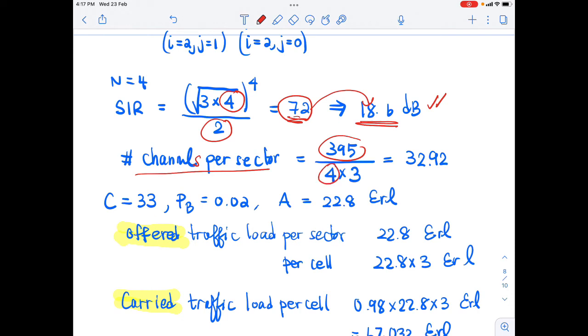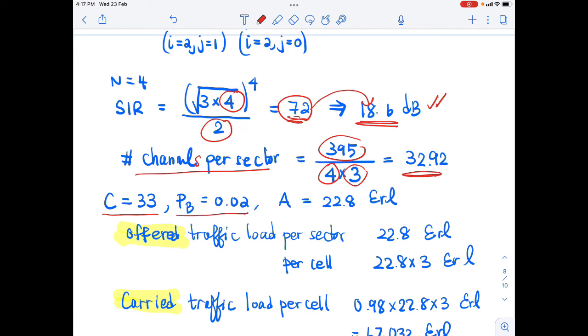So 395 divided by 4 is the number of channels per cell, further divided by 3 is the number of channels per sector. It's equal to 32.92. In order for us to use the chart, we're going to round the number of channels to a whole number, which is 33.